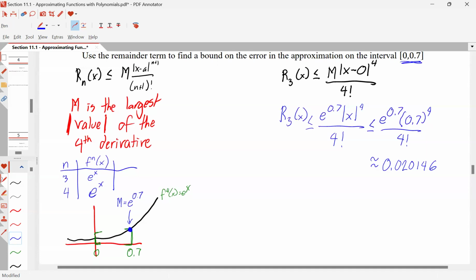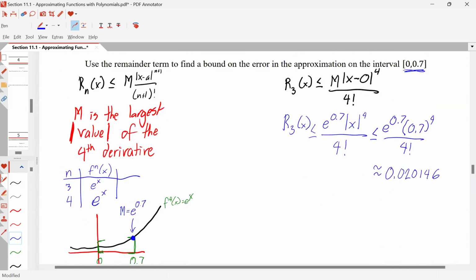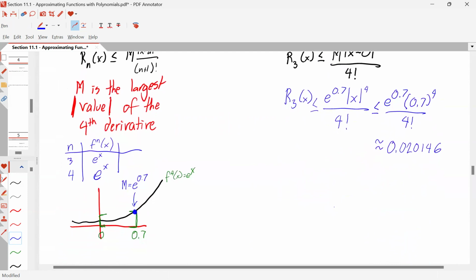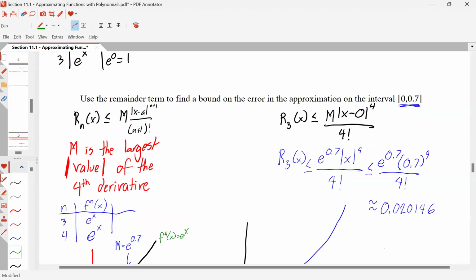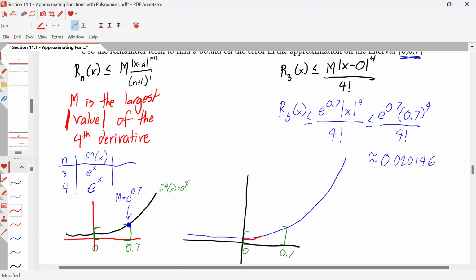So pretty small. Between 0 and 0.7, when I graph this cubic function, and I graph e to the x on the same window, the polynomial is not going to be exactly the same, but on this window, the difference between the function and the polynomial is never going to be bigger than 0.020146.